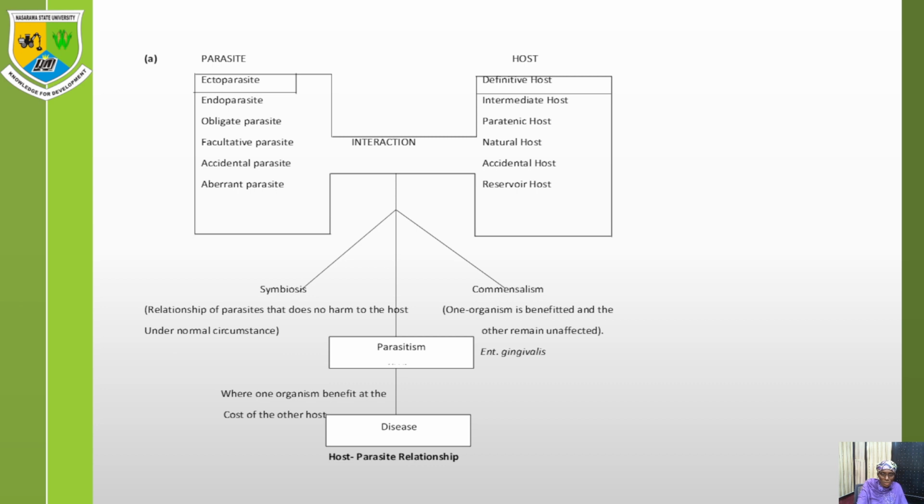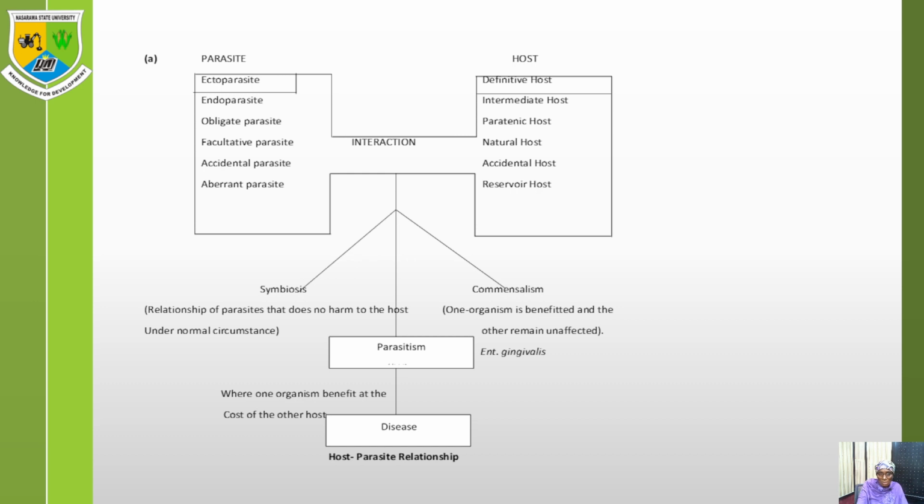Now, when the relationship occurs, we have symbiosis, normally the relationship of parasites that does no harm to the host under normal circumstances. Then we have commensalism, where one organism is benefited and the other remains unaffected. So it has nothing to lose.